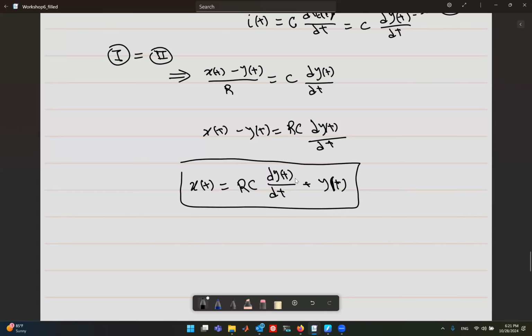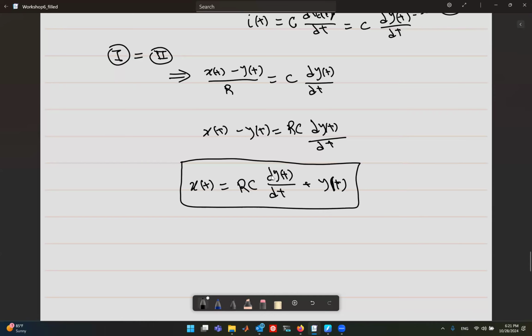This is a first order differential equation that if we have the input, we should be able to find the output by solving this equation. But we are not doing this in this course because it's not a calculus course.